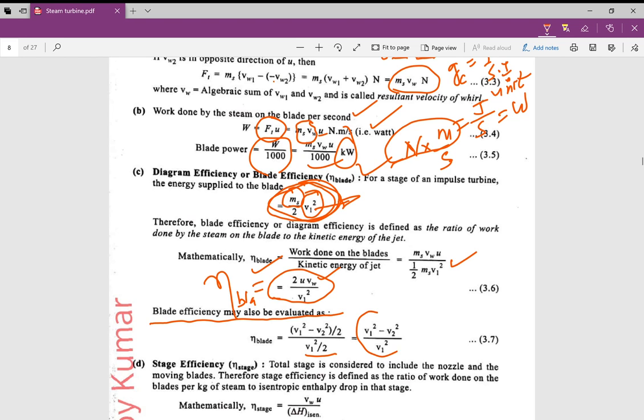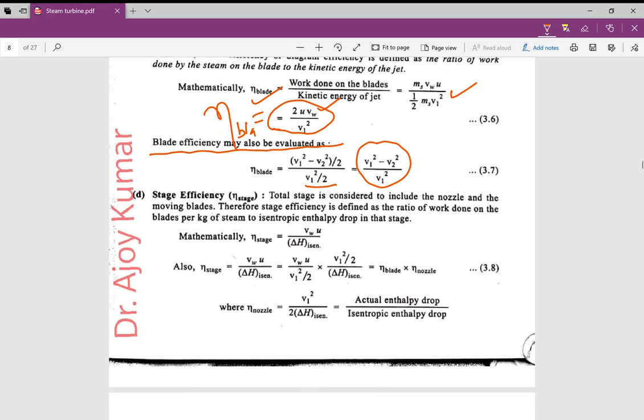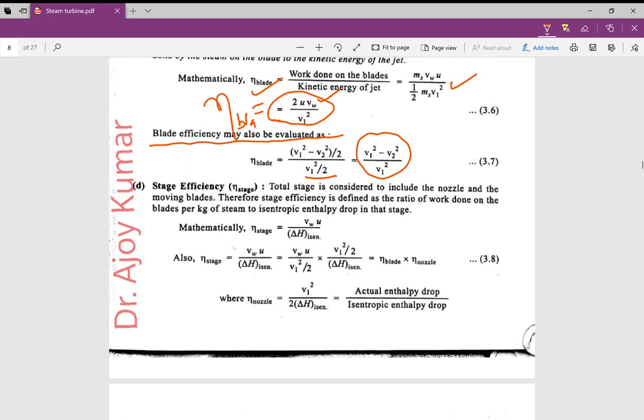You can write it in this form also. There is another term called stage efficiency. If nozzle efficiency is given to you, we can calculate stage efficiency, which is work produced divided by the isentropic heat drop that takes place in the nozzle.